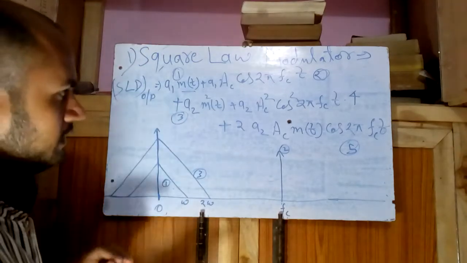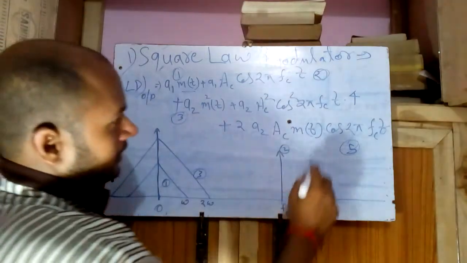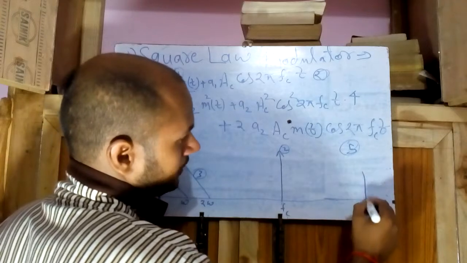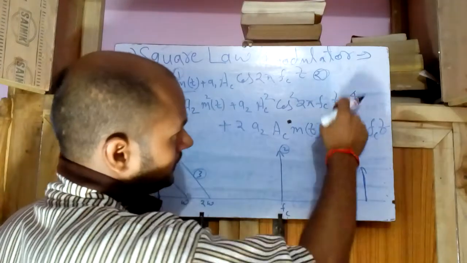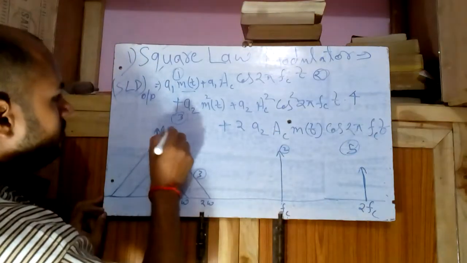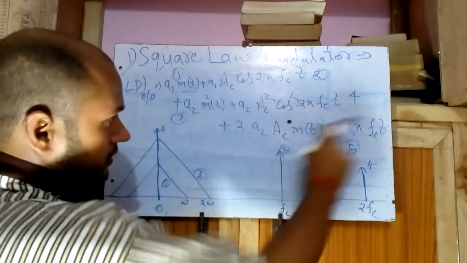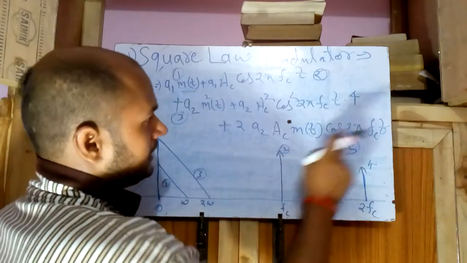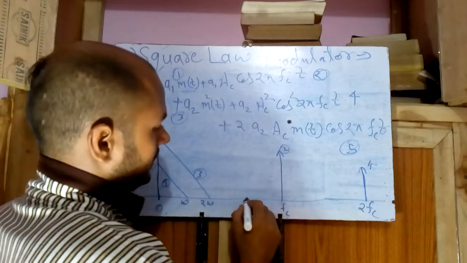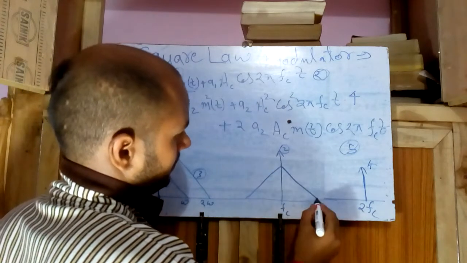One signal will be here, 1 by 2 at DC, and one part is at 2 FC, cos 2 theta, that is 2 FC. So this is 4. What about fifth? It is at FC plus omega, FC minus omega. This is this.